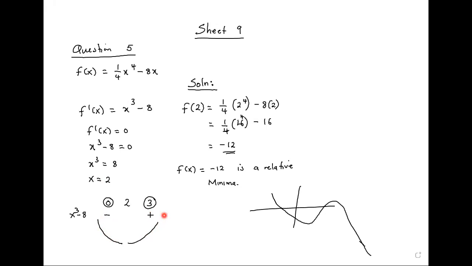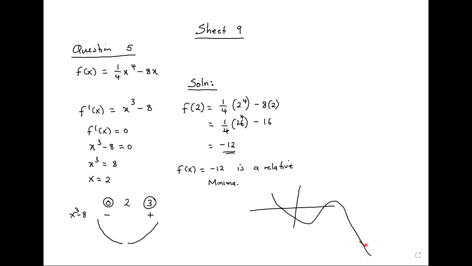Now, I made mention that if the function was decreasing and then it starts increasing, this value here will be called the relative minima. Now we say relative minima if when we sketch, the graph comes out this way. This is the point, and yet the graph would still come down and bypass the point.